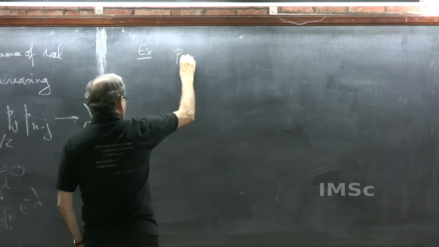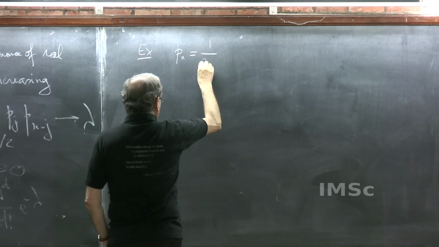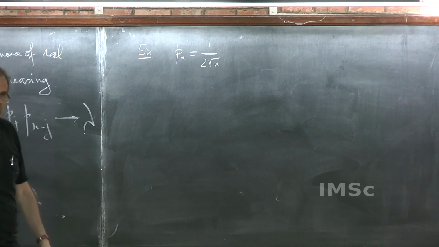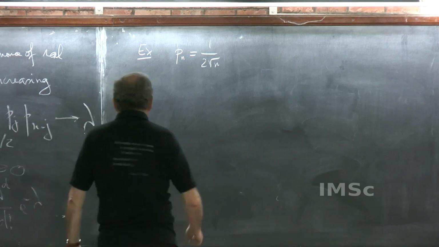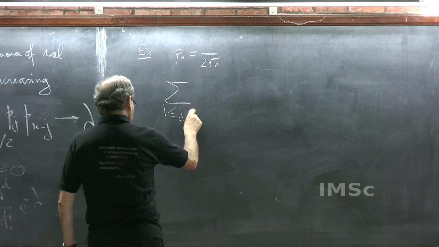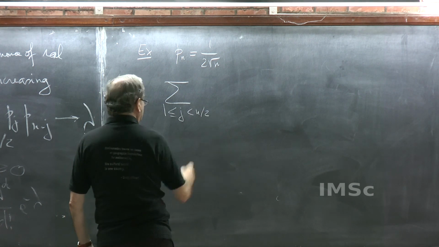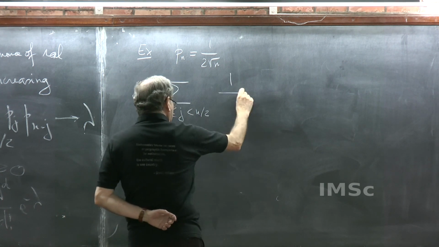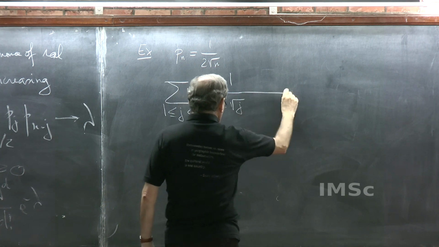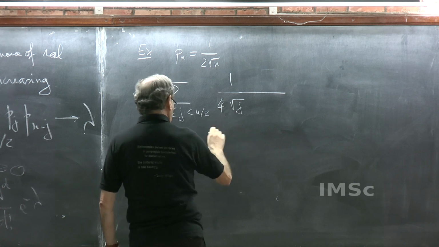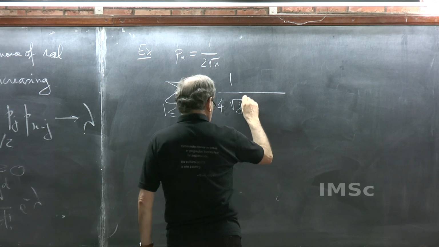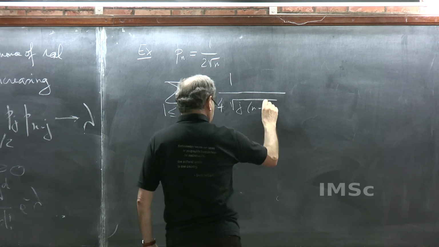Now you have a little exercise: if pn is equal to 1 over 2 square root of n, this for squares, we are interested. What can you say about the summation when j is between 1 and n over 2 of something which is 1 over 2 square root of j times 2, so there will be a 4, something which will be pn minus j, which is square root of j times n minus j?